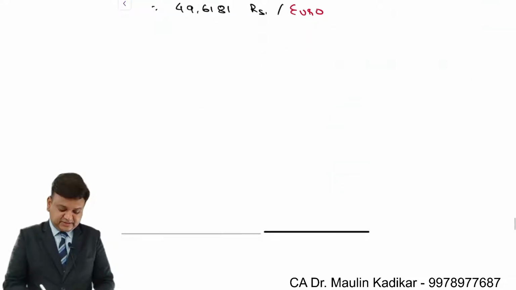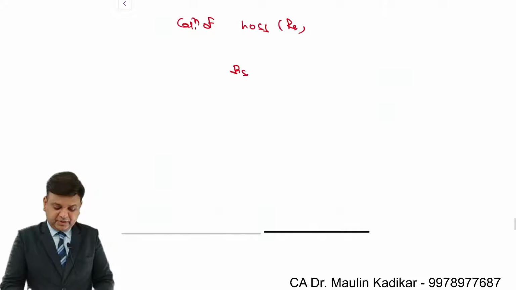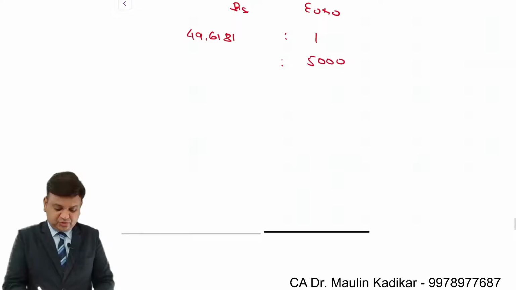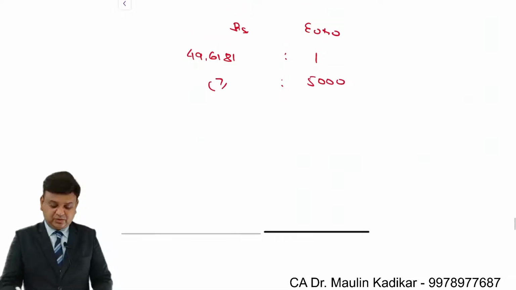Now we calculate the loss in rupee terms. Between rupees and euro, the exchange rate is 49.6181 rupees for 1 euro. So 5000 euro is equal to this amount of rupees.